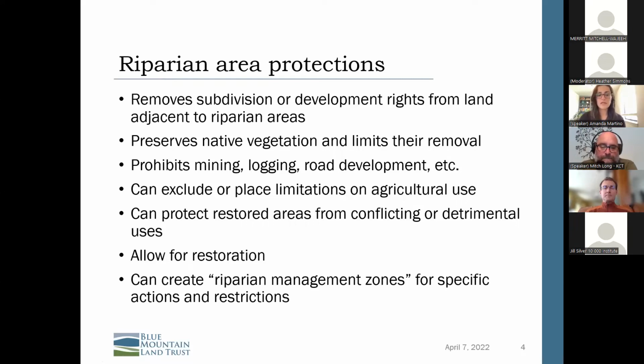And they can also create riparian management zones. So if you have a larger easement that encompasses an entire property, but you want to specifically manage the riparian area in a different way, an easement can create management zones that will have additional restrictions or permitted uses in that area. Next slide, please.